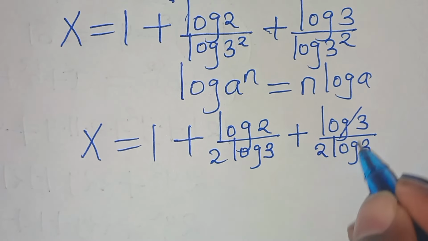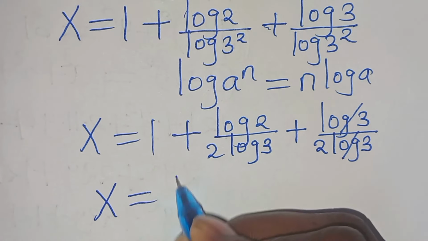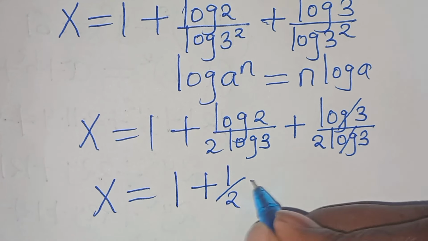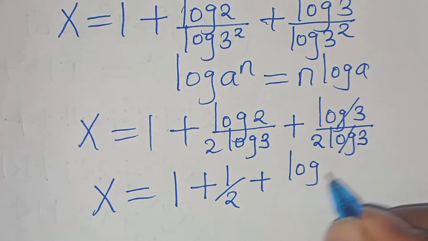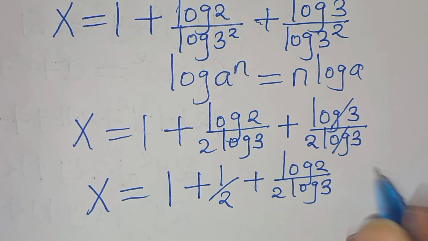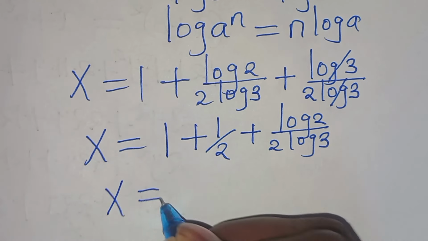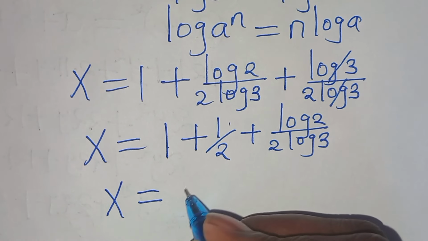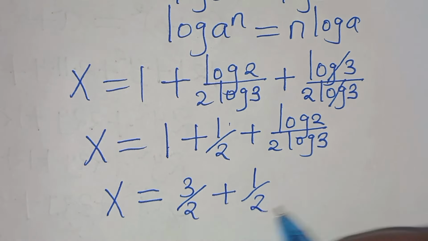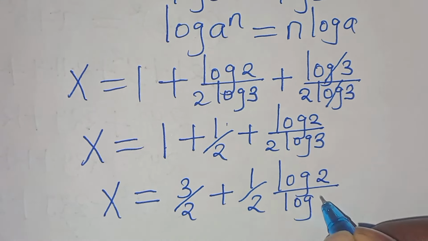Log 3 and log 3 simplify so that now we have x is equal to 1 plus a half, plus log 2 divided by 2 log 3. So this implies that x is equal to 1 plus a half, which is the same thing as 3 over 2, plus a half log 2 divided by log 3.